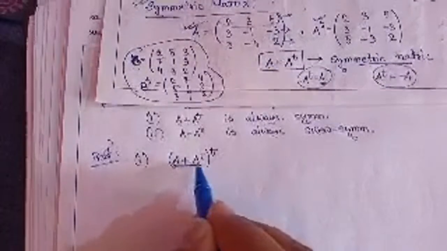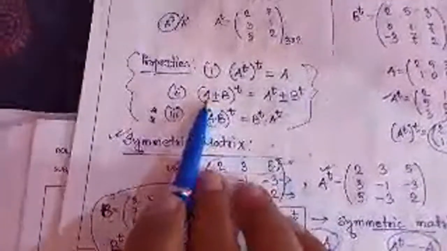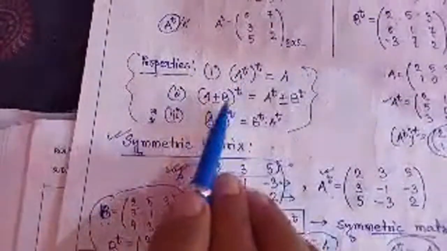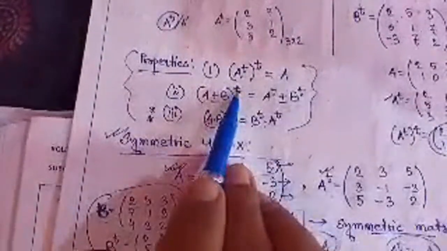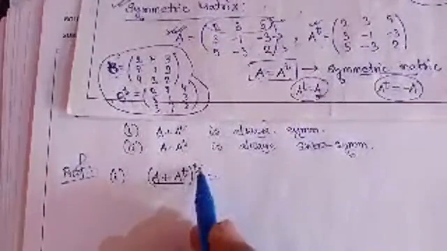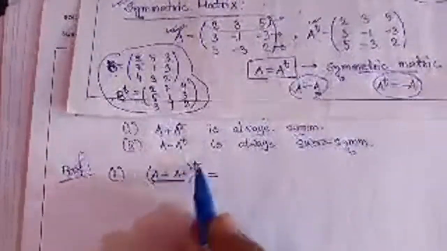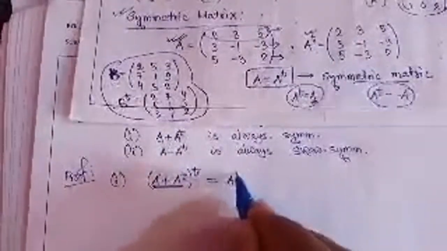A plus A transpose, whole transpose. I have discussed the property that (A plus B) whole transpose equals A transpose plus B transpose, so here also we'll use that property. It will be A transpose plus (A transpose) whole transpose.